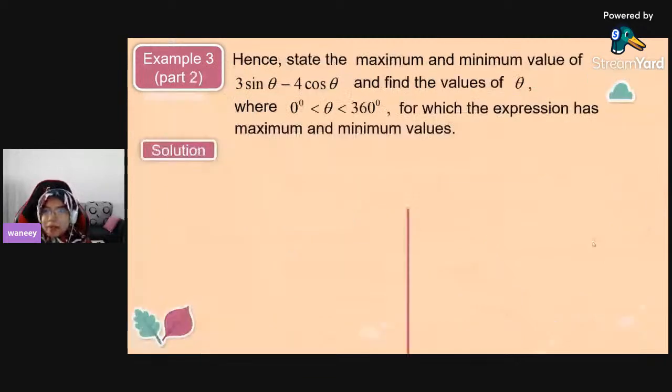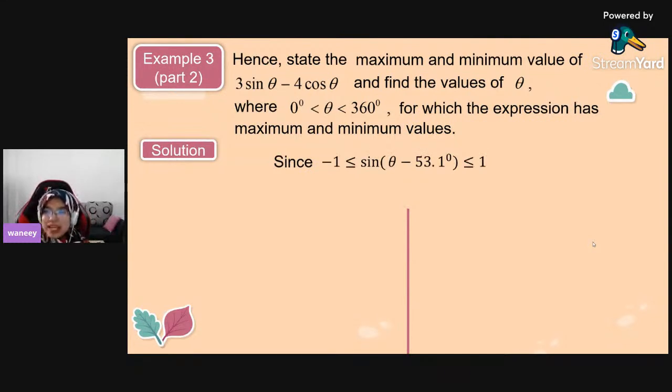Okay, part 2. Hence, state the maximum and minimum value of 3 sine theta minus 4 cos theta and find the values of theta, where theta is between 0 and 360, for which the expression has maximum and minimum values. Okay, so now, what do we know?